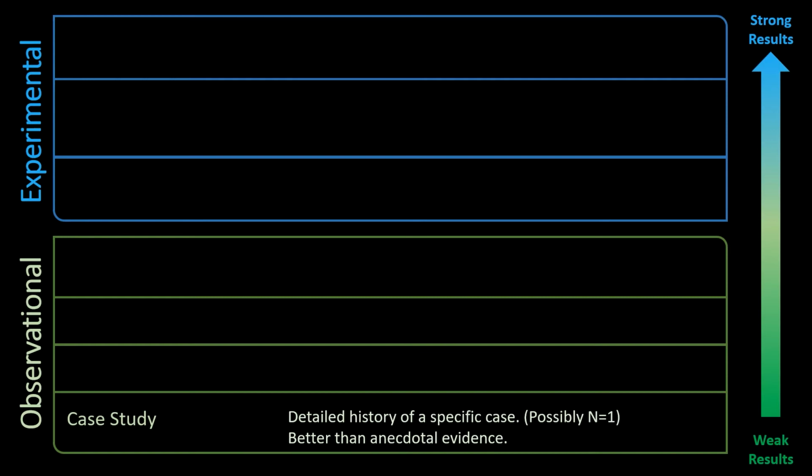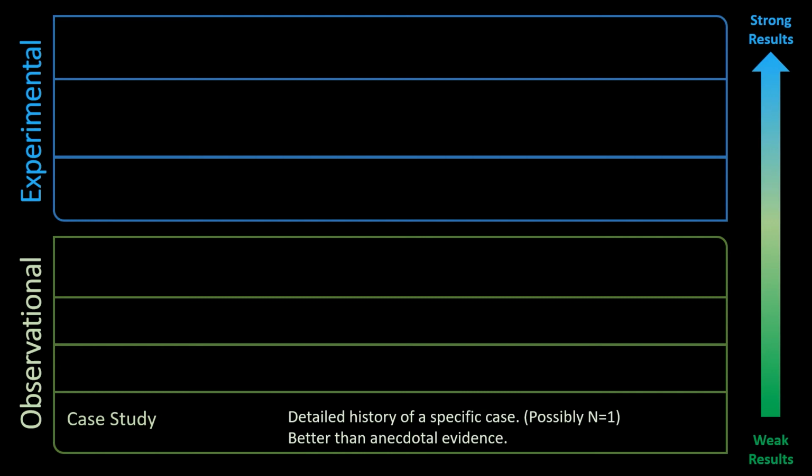But then once we actually get into studies, case study is right down here. A case study is kind of like an anecdote, but it's better than anecdotal evidence. It's a detailed history of a specific case. So this is where a scientist or a group of scientists is keeping track of a very specific incident. Say someone has contracted a disease, and they're writing down all of the details of the progress of the disease over the course of that person's life, or maybe something really unusual has happened to that person.